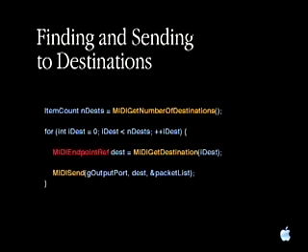This example shows the two functions for iterating through all of the MIDI destinations in the system. There's MIDIGetNumberOfDestinations and MIDIGetDestination, which just takes a zero-based index as its argument. And in this example, we're calling MIDISend, which is the basic I want to send MIDI function, obviously.